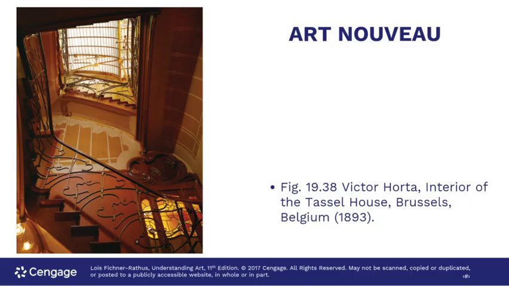The architect was Victor Horta, and he was one of the main Art Nouveau purveyors. When we talk about the idea of lyrical linearity, look at the stair railing and how the rungs of the stairwell don't just go up and down.